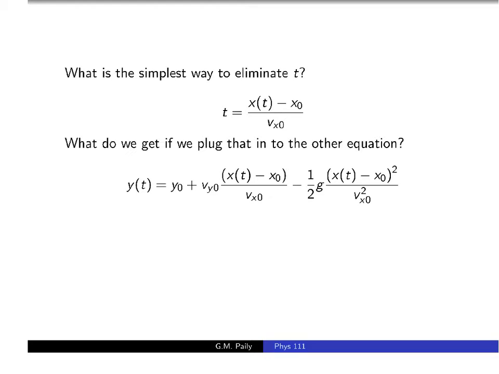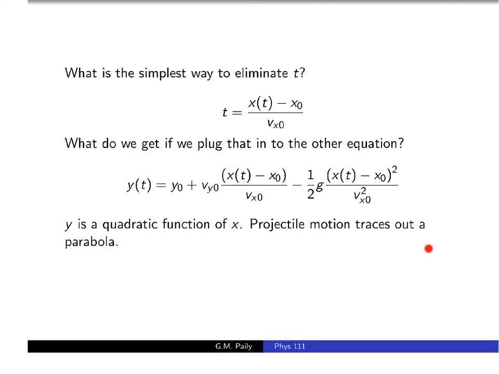Now, of course, this looks fairly complicated. I don't expect you to memorize this. I brought this up simply to point out one thing. y is a quadratic function of x. Here's a linear term, and then you can see that somewhere in here is a quadratic term of x. So, y is a quadratic function of x, and it turns out projectile motion traces out a parabola.